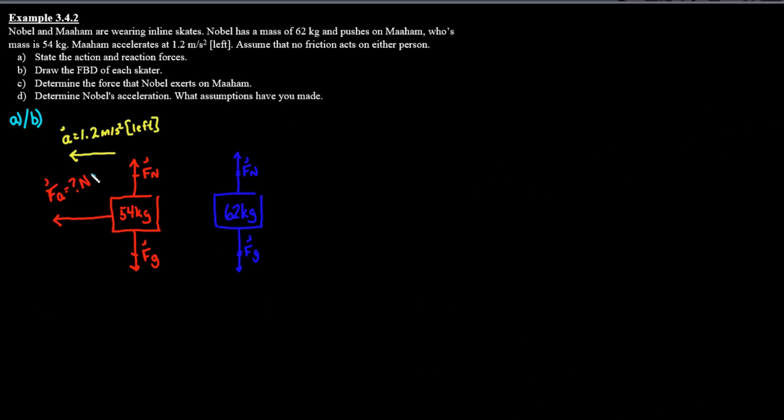What we do know, though, is that this force right here is the action force provided by Nobel. Right? Nobel pushes on Mayhem, and it tells us that right here. Nobel pushes on Mayhem. So because of that, we know this is that action force. Nobel is exerting that applied force onto Mayhem, so that is the action force in this situation.